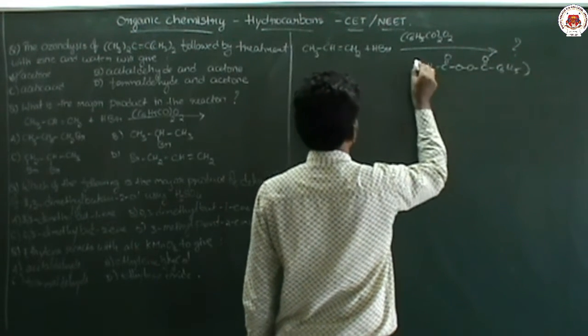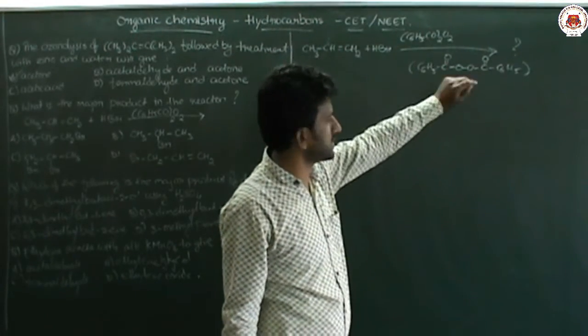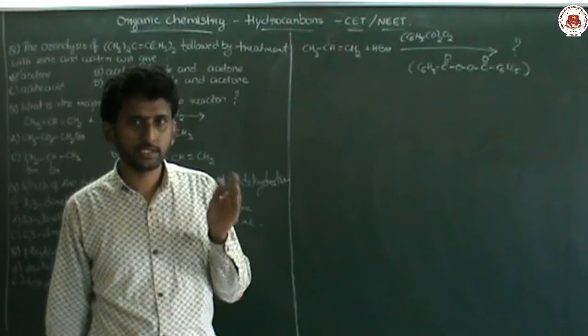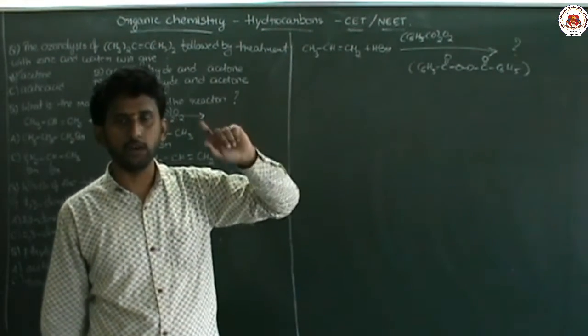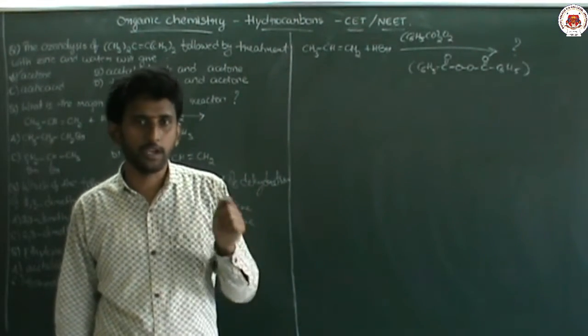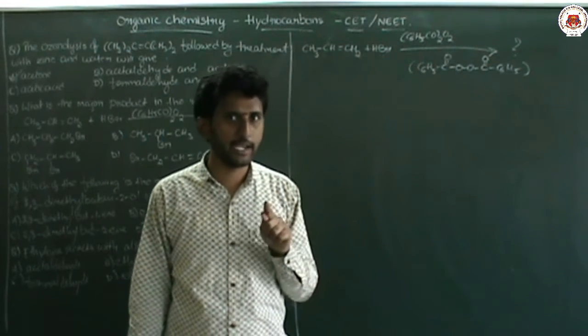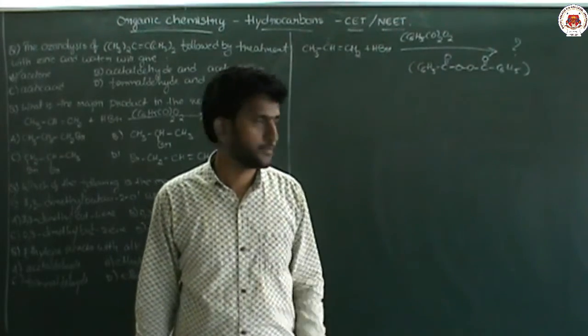This is called benzoyl peroxide because a peroxide bond is there. So, in the presence of peroxide, addition of HBr on any alkene follows the anti-Markovnikov rule, which is also called the peroxide effect or Kharasch effect. 3 names.